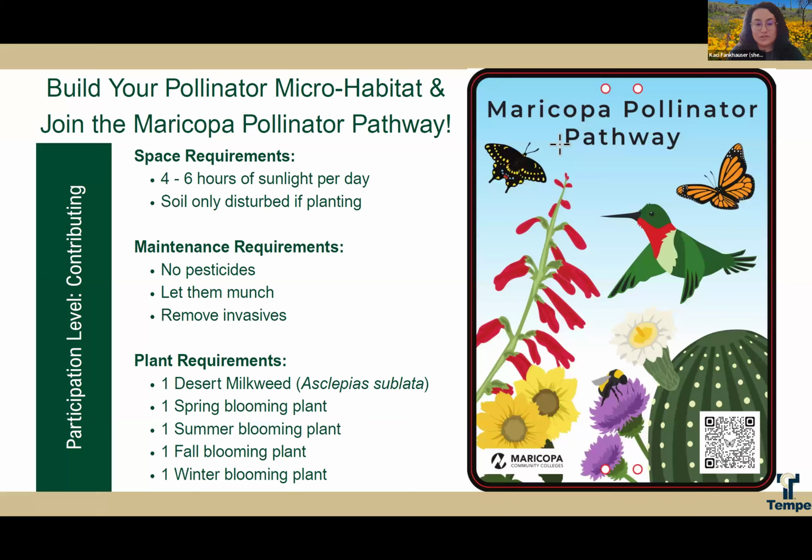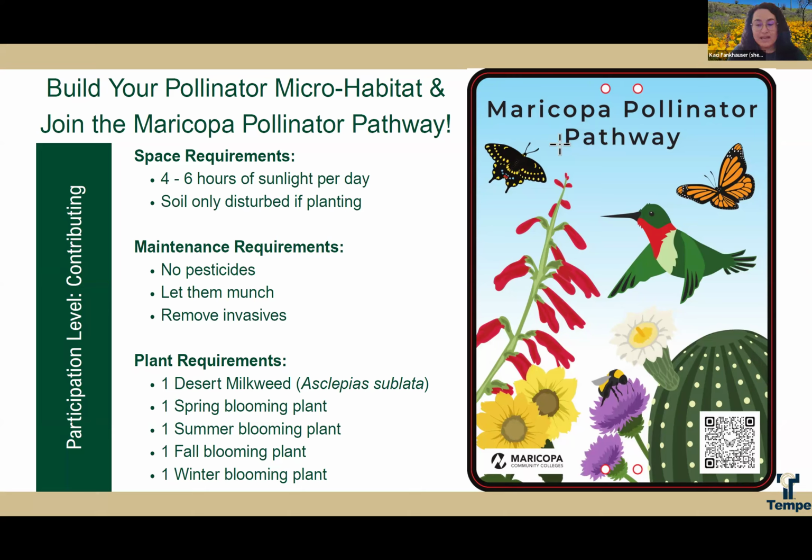You don't want to disturb the soil unless you're planting, and that's because of those little ground dwelling bees we talked about. Some maintenance requirements, so removing invasives, you're not using pesticides, and we talked about letting the caterpillars eat the leaves, right? That's what you put it there for, so those caterpillars can grow up to become butterflies or moths. And you can have as little as 5 plants.